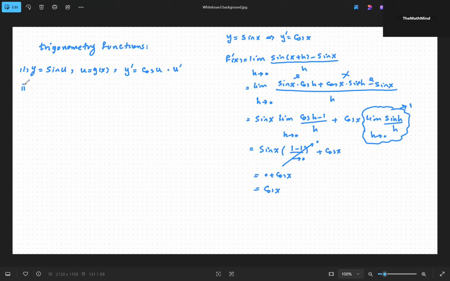We can use the same scenario for proving the other trigonometric ratios. So if you try the same formula and expand this for cosine u, then the derivative of cosine will be negative sine u times u prime.